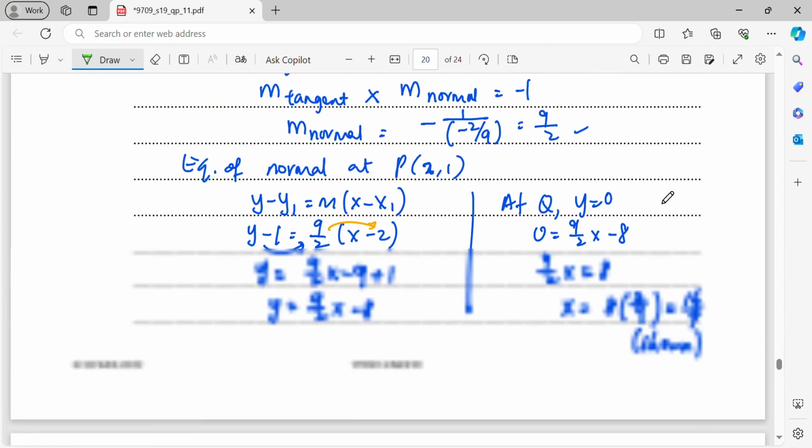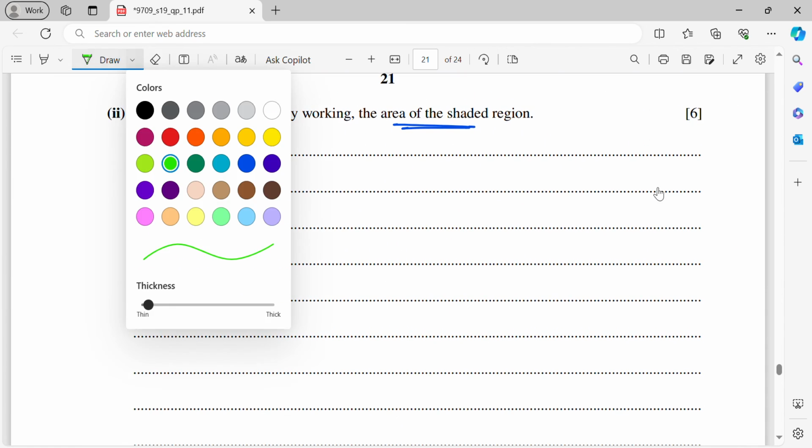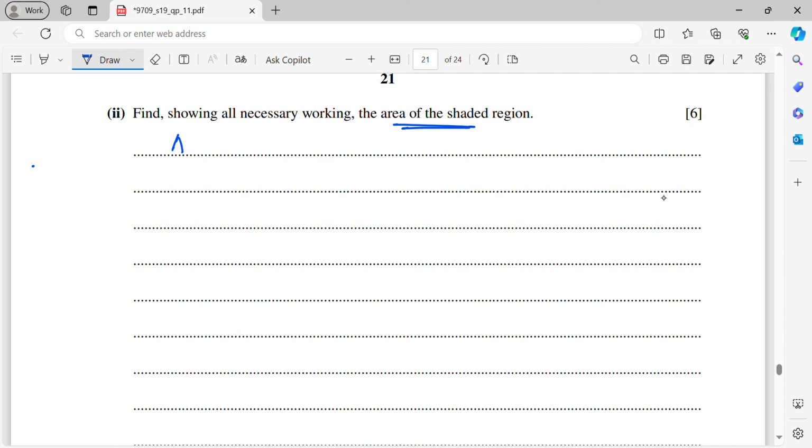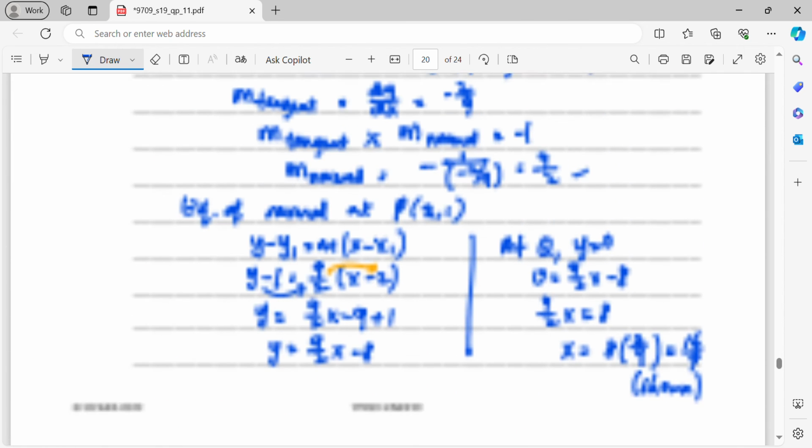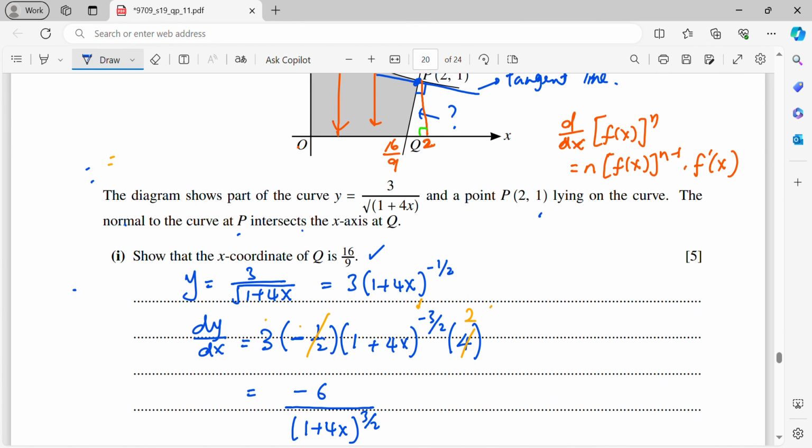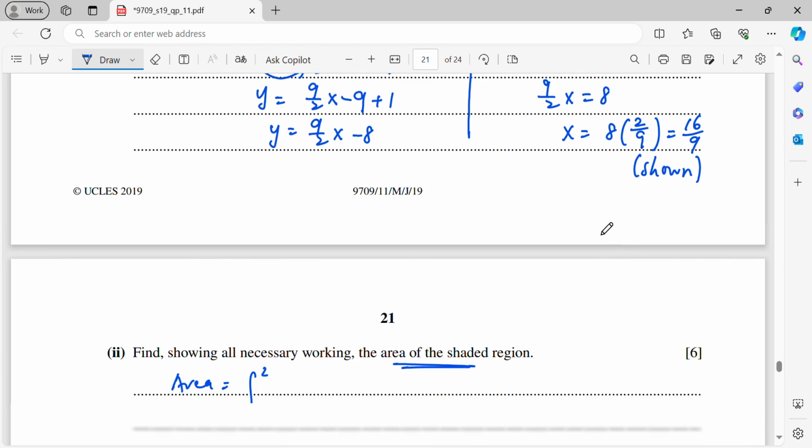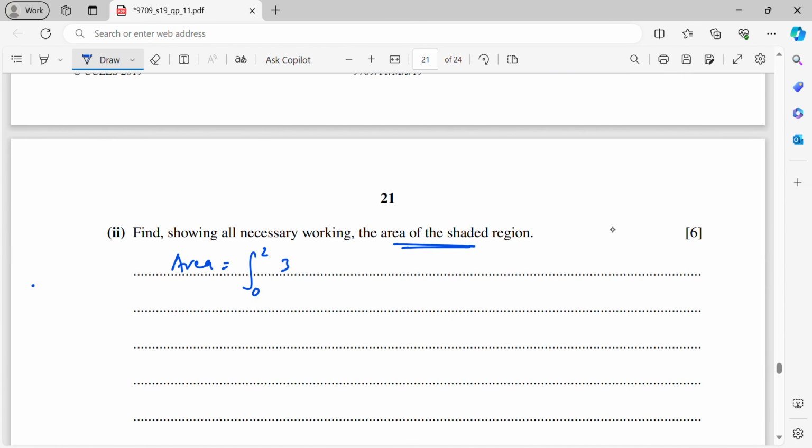Okay, so then my working is area equals to integrate 0 to 2, the curve. So my curve, I move up and refer to this form. So 3 times 1 plus 4x to the power of negative half dx. Okay, and then I minus area of the triangle.